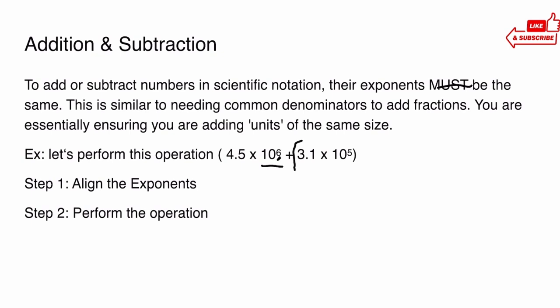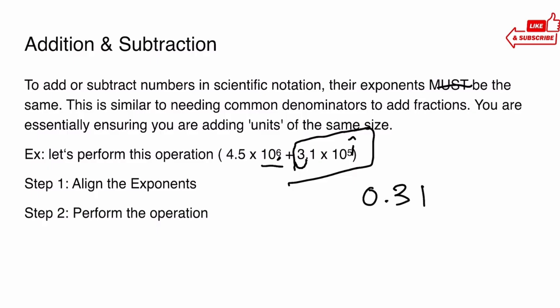And we're going to want to turn this expression, 3.1 times 10 to the 5, into some coefficient multiplied by 10 to the 6. Since we're increasing our exponent by 1, that means that we're going to move our decimal point to the left. We're going to decrease our coefficient. So we go from 3.1 to 0.31.